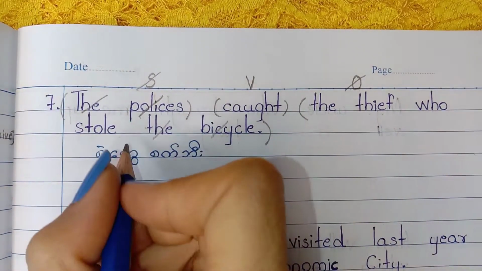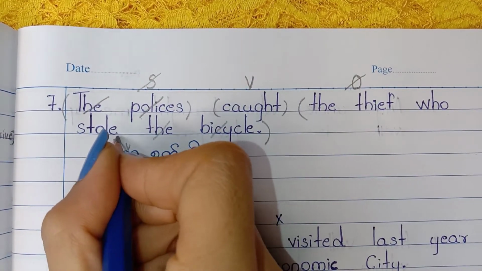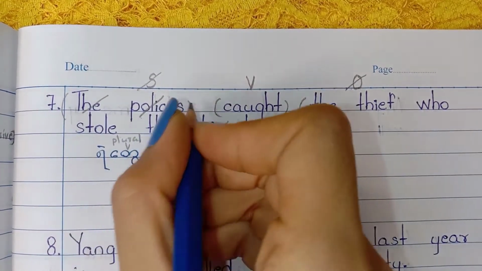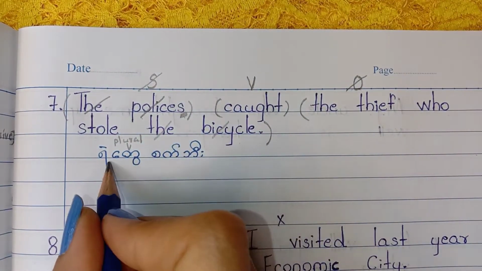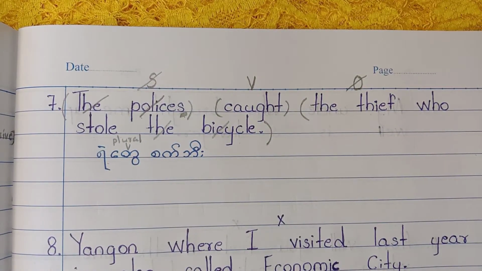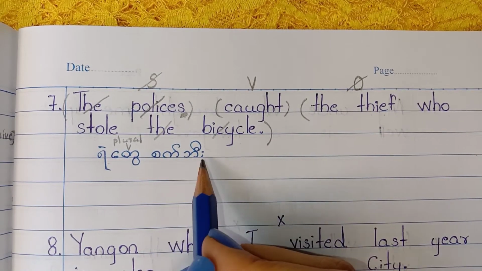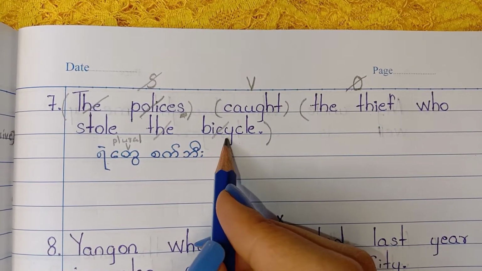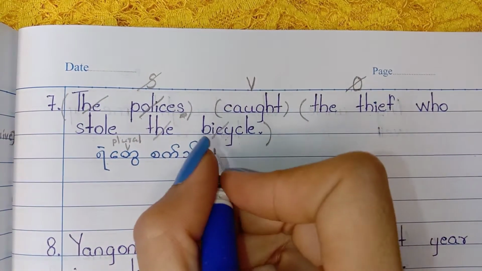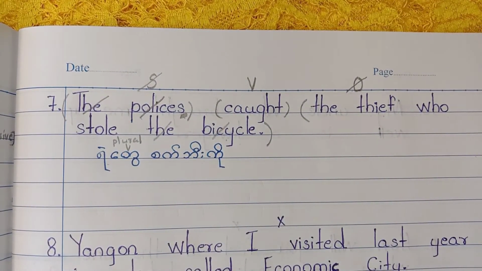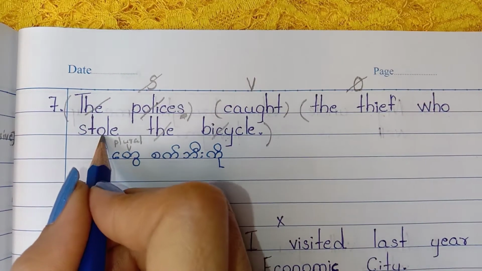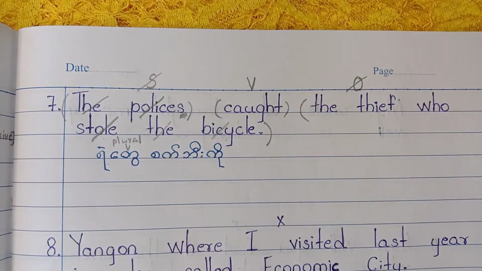Here I want to mention that 对 is for the plural. Because police has the S, that's why share 对 is the plural form. The bicycle, subway. The bicycle is the object. That's why the object marker go. Go is for the object marker. And then stole. Stole means 코게.